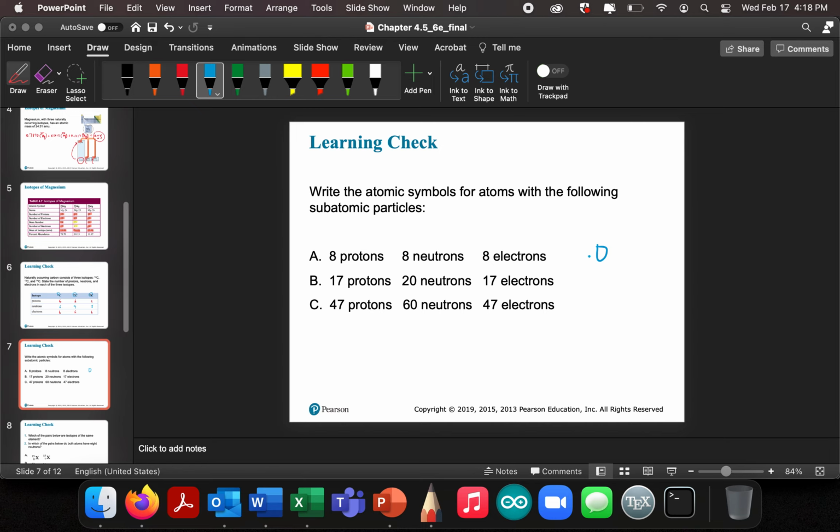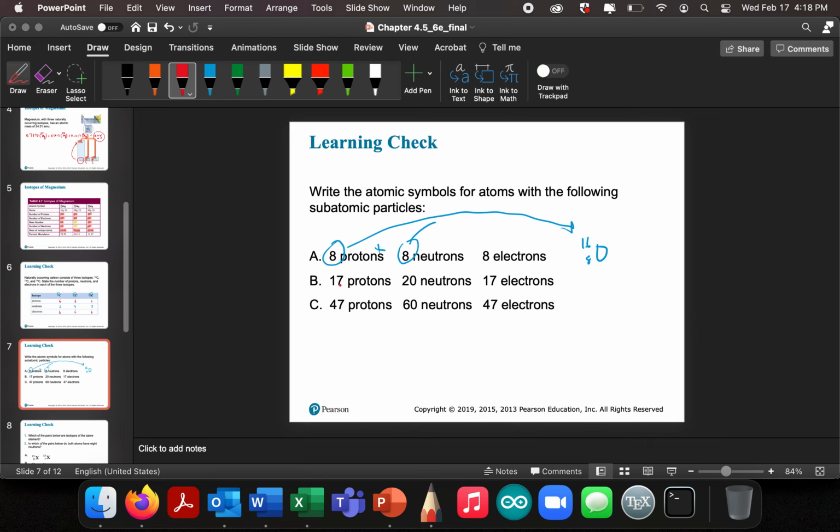And it's going to be an 8 down here, right? Because it's oxygen. And if it has 8 neutrons, the mass number must be 16, because this plus this is the mass number, okay? And if it has 8 electrons, then we're going to leave that blank because it's neutral.